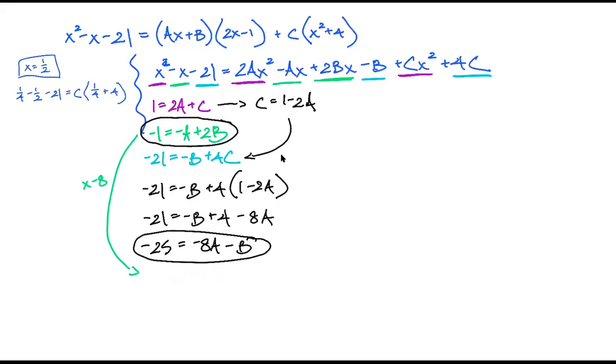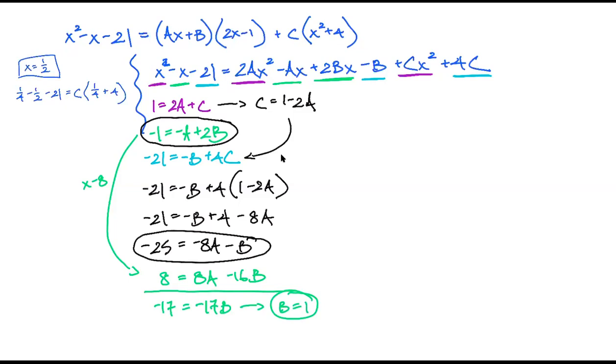That will give me 8 equals 8a minus 16b. And now when I combine the black equation and the green equation, I end up with negative 17 equals, the a's go away, negative 17b, and I get b equals 1. All right.